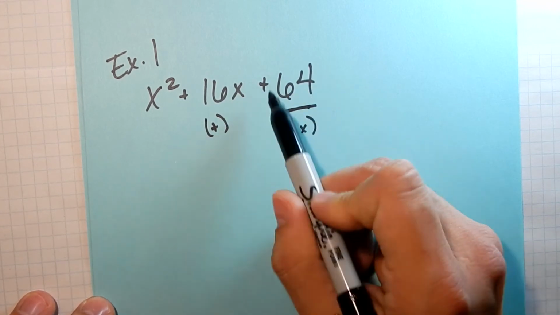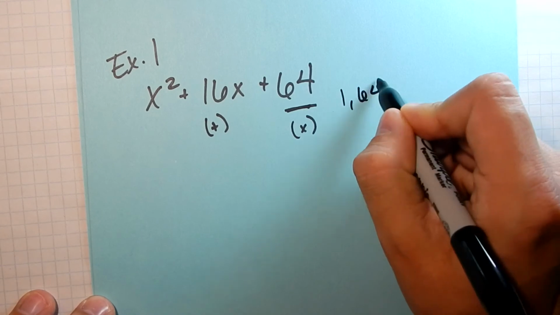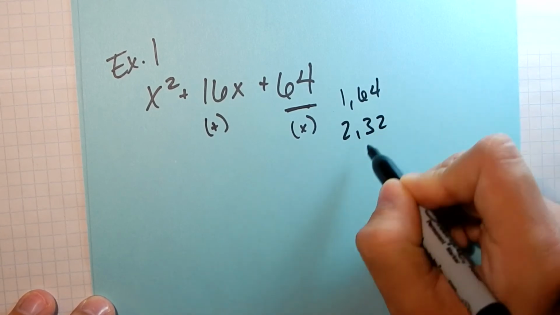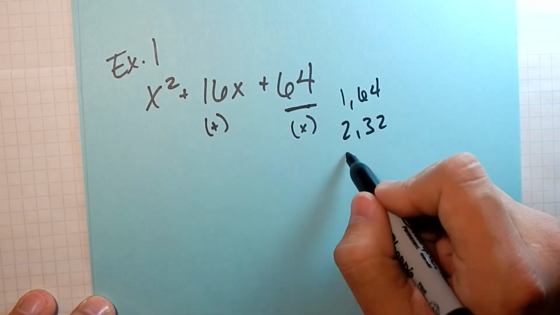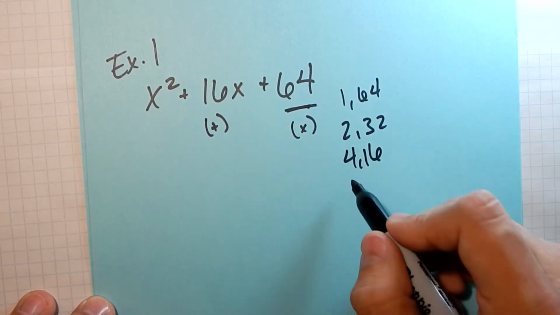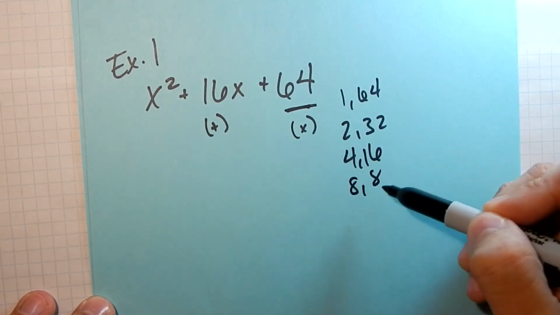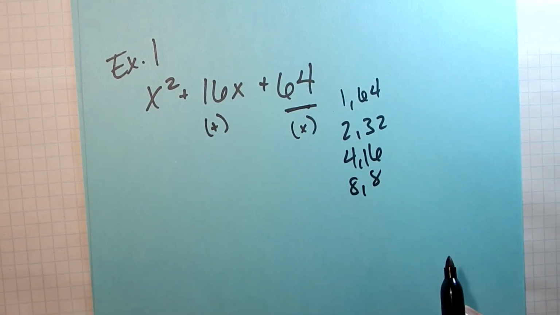64 has a lot of factors. We could do 16 times 4. Let's see, 1 times 64, 2 times 32, 3 won't go into it, 4 times 16, 5, 6, 7, 8 times 8, and so on. So what we have to do as we're going through this is the guess and check part of it.